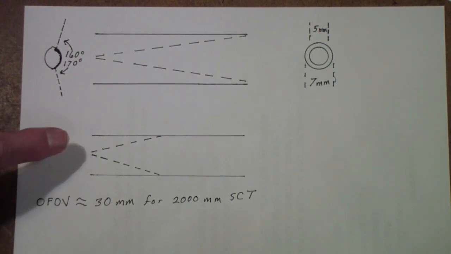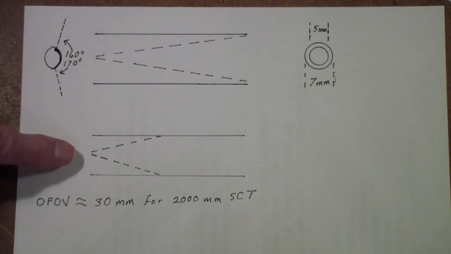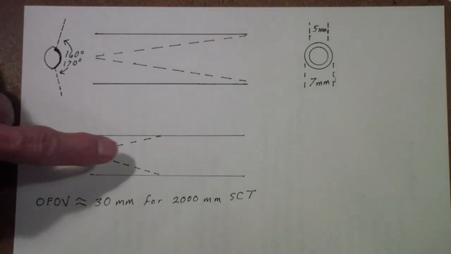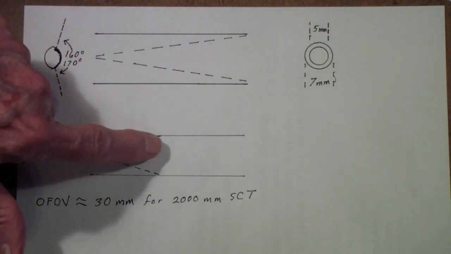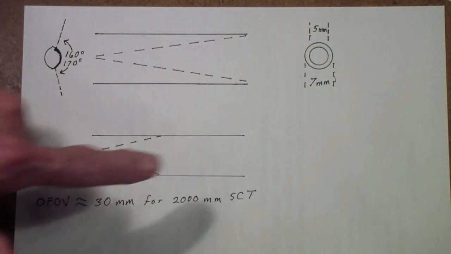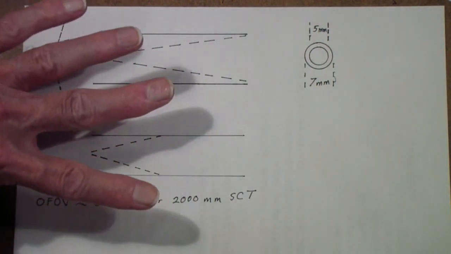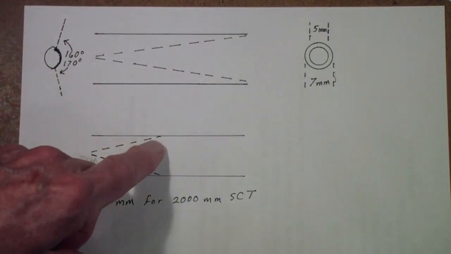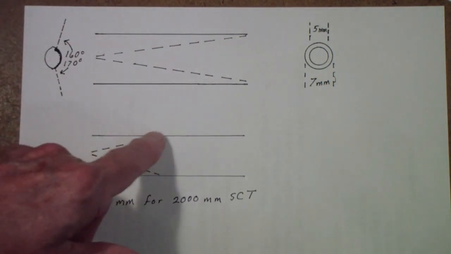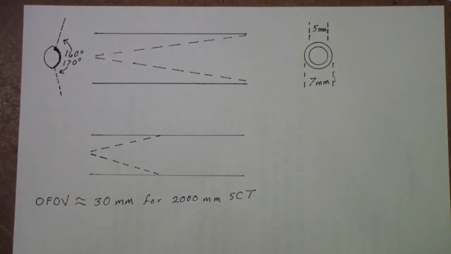Now, if you use a very long focal length eyepiece, it doesn't do you any good, because the focal length of the eyepiece determines to some extent what the field of view is going to be. And if you have too wide a field of view in the eyepiece, what you're actually looking at is the sides of the tube that you're looking through. So let's talk about that a little bit more.